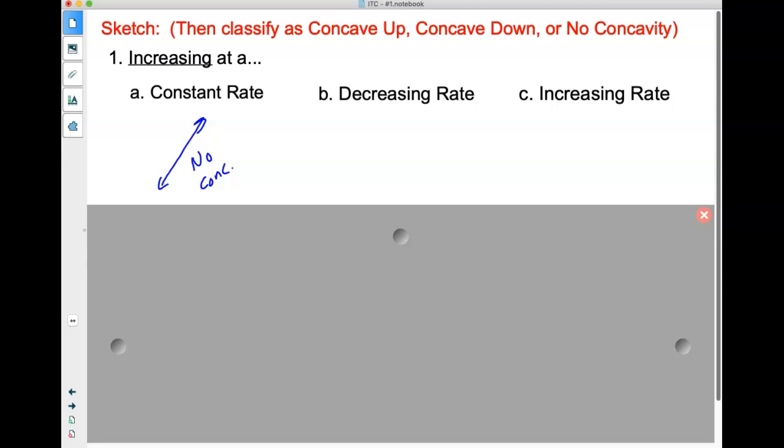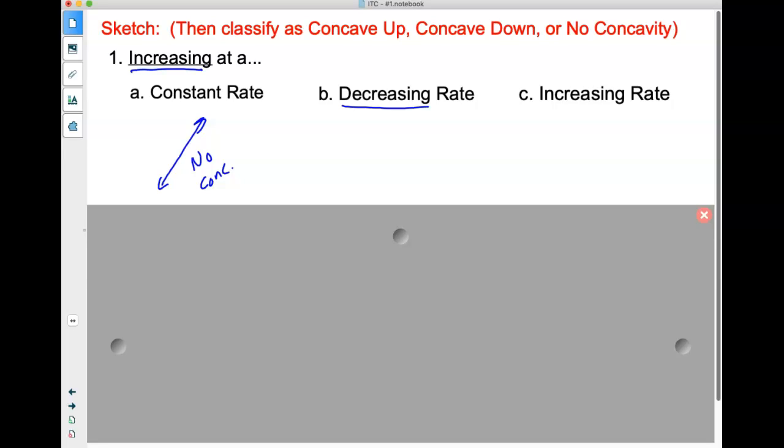Okay, if I'm increasing at a decreasing rate, what does that mean? Well, that means my curve, yes, curves are going to have slope, we're going to find out. I'm increasing at a decreasing rate. So as I'm reading left to right, my curve is getting flatter.